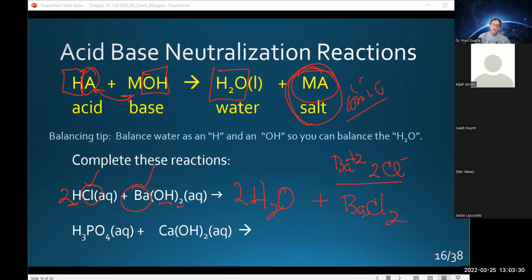Okay. All right. Let's do one more, the second one. Now, instead of barium hydroxide, we have another base here. We have calcium hydroxide. Okay, it could be magnesium hydroxide. All right, now we have an acid here.